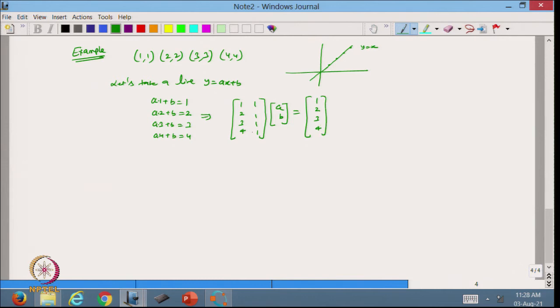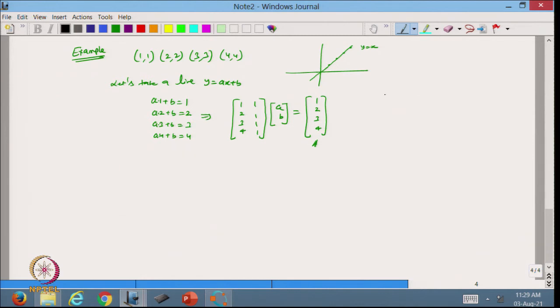Now, from here if you see, I can solve this system, because this vector can be written as a linear combination of these two columns. So, this vector lies in the column space of this matrix A. Also, I can solve it very easily by the standard method.